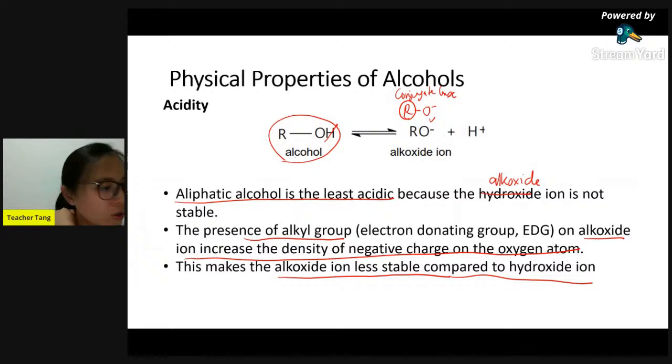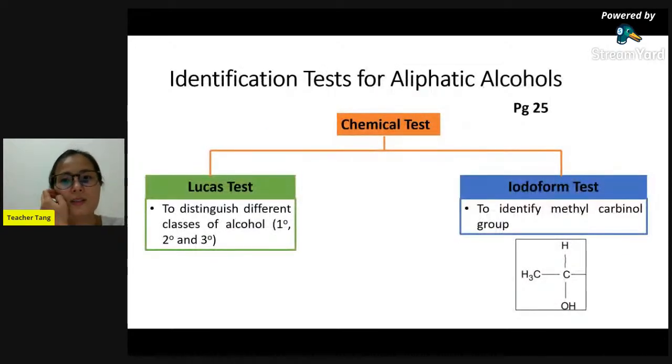So then now we move on to look at identification tests for aliphatic alcohol. It's on page number 25 in your lecture notes. Page number 25 in your lecture notes. So just now we have seen aliphatic alcohol.